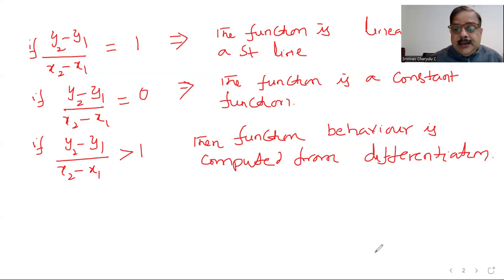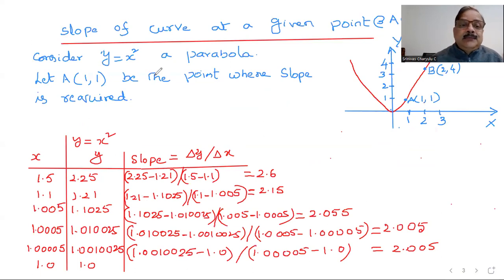Suppose, instead of a straight line, let us say a curve is there. I have taken a curve now, that is a parabola. This curve I want to find out the slope. Where I want to find out slope? Let us say I want to find the slope of AB. Since the curve is not a straight line, you will not get a constant slope. Continuously the slope will be varying. So if I find out by thinking that AB is a straight line, I will end up with a wrong reading.